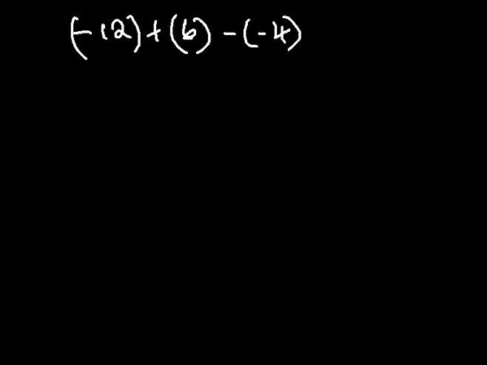And now let's say we have the following, you should try this at your own time. Let's say we have -12 plus 6, and minus negative 4, and plus negative 2.